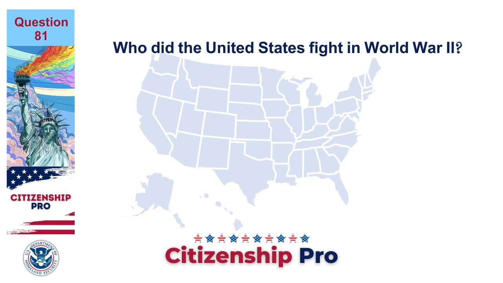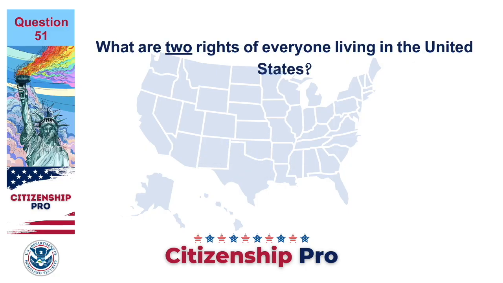Who did the United States fight in World War II? Japan, Germany, and Italy. What are two rights of everyone living in the United States?